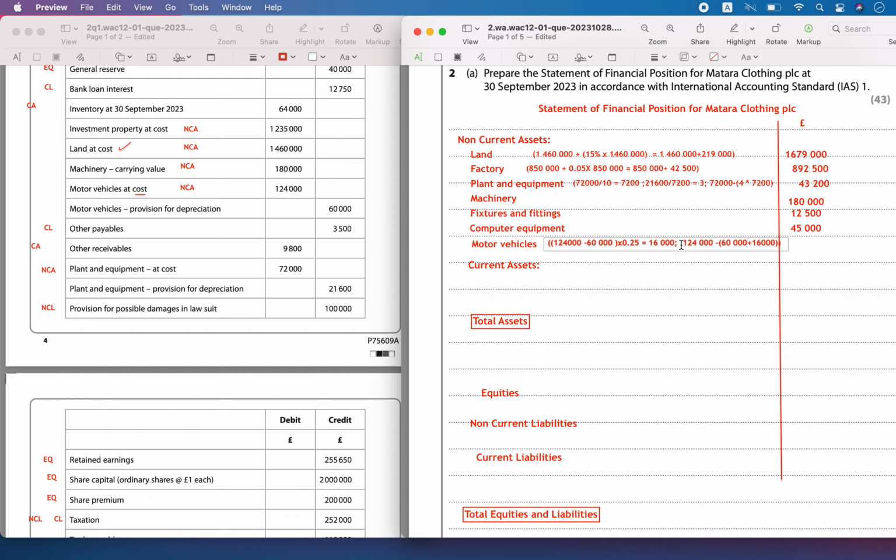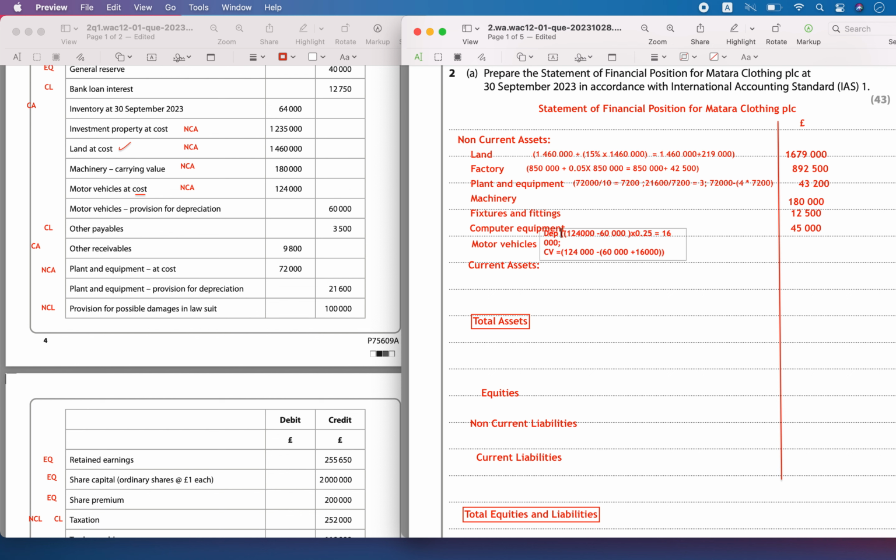So 124 minus 60 plus 16,000, this year's charge, is going to be your carrying value, the cost minus the depreciation charges.